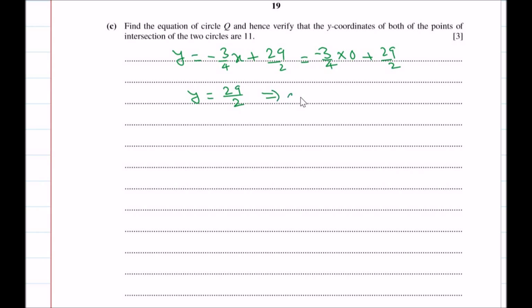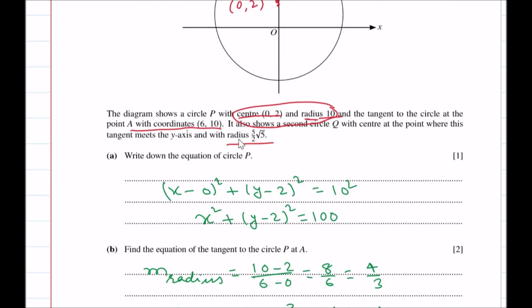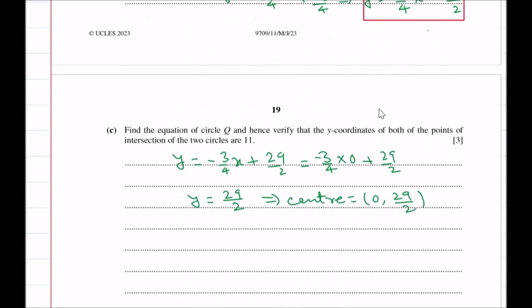This implies that the center is equal to (0, 29 by 2). Okay, now the center is known, and the radius is also known because the radius is given here. You can see here in the question, the radius is 5 by 2 root 5.